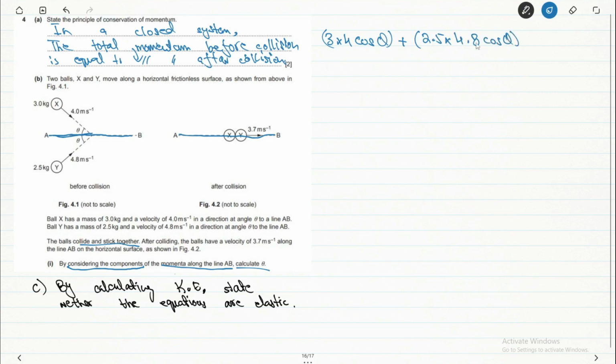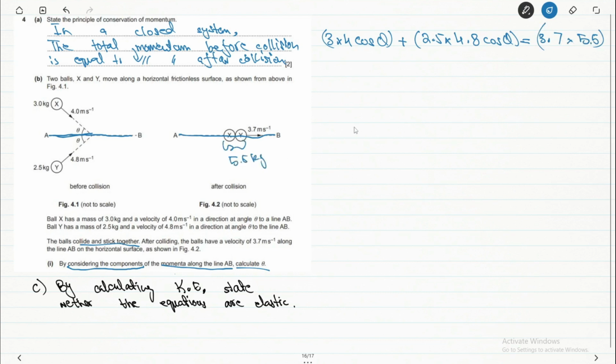Now this expression is equal to 3.7 times 5.5, because that's the mass of these two particles.